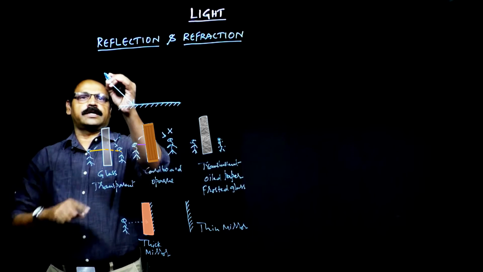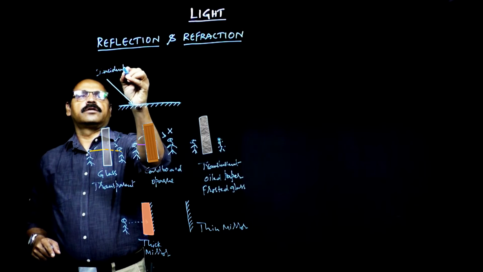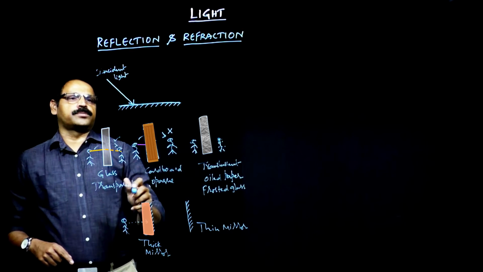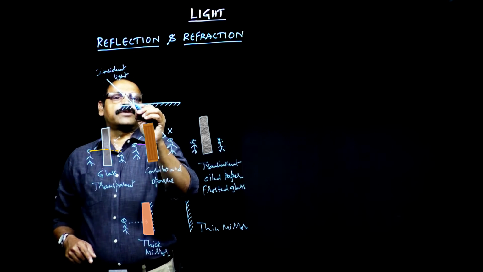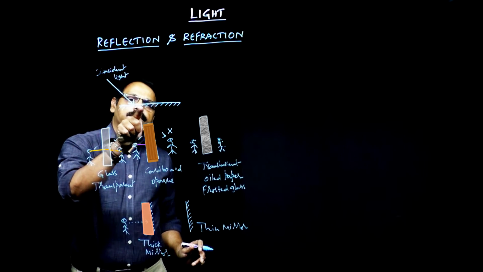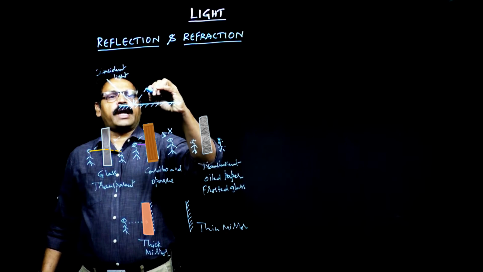So whenever a light ray falls, this light is called incident light. So light originating from the luminous body is coming in the form of a ray. Then when it falls on this, there is no possibility of this ray to get into the other medium. Hence, it will be reflecting back.